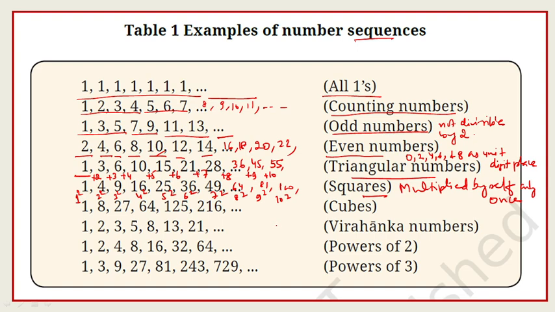Numbers multiplied by themselves only once are called squares.